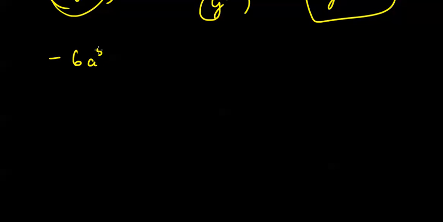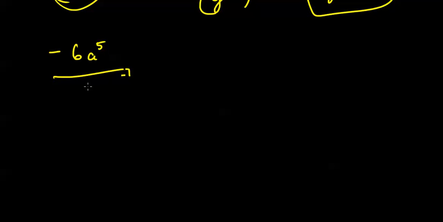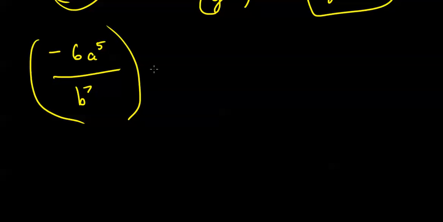Let's see again. A problem like this on test day might lead to confusion. Let me write it down carefully here. Minus 6a to the 5th over b to the 7th, that expression, that quotient, in turn raised to the 3rd power.